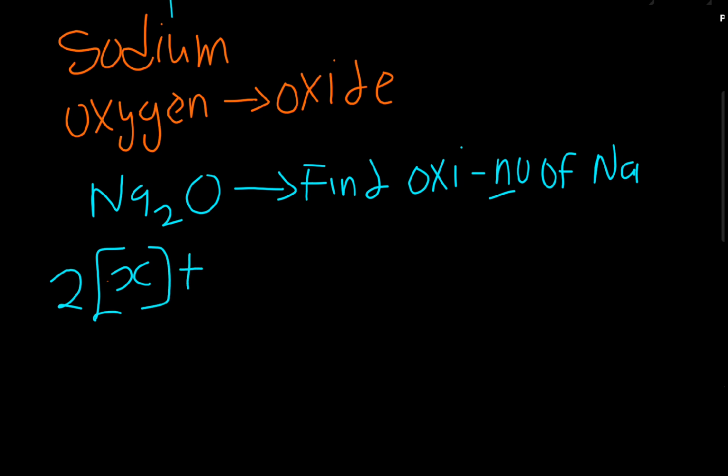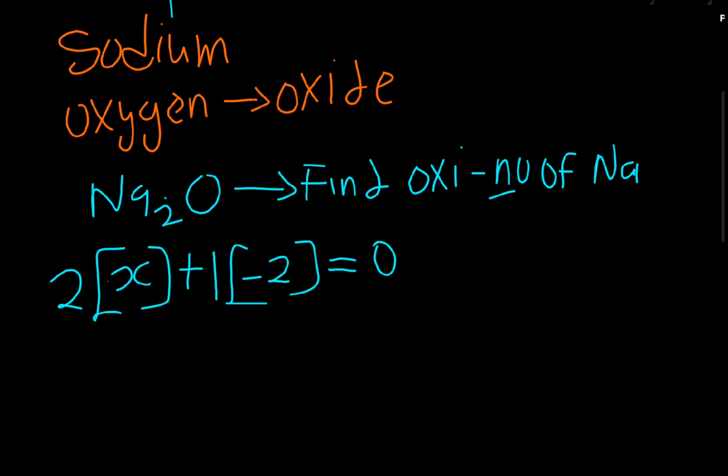The number of atoms of our oxygen is just 1. So we'll write 1 here, open bracket. The oxidation state of oxygen is actually -2, close bracket. Since this compound is a neutral compound, it's not carrying any charge, so we equate everything to 0. So it becomes equals 0.